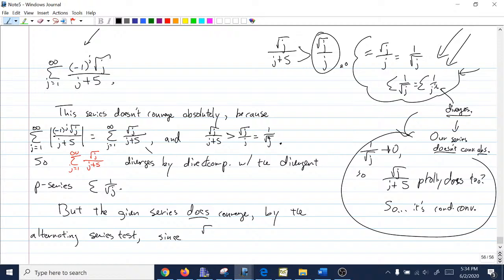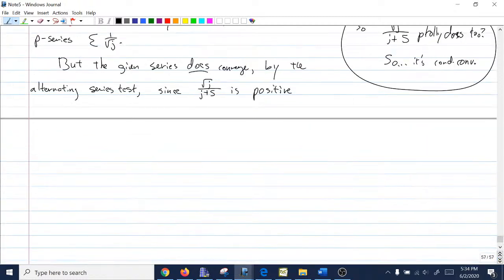Since root j over j plus 5 is positive, what do I need? It's positive. The limit is 0. Yeah, I can say the limit is 0. I guess I should write out why I know the limit is 0.